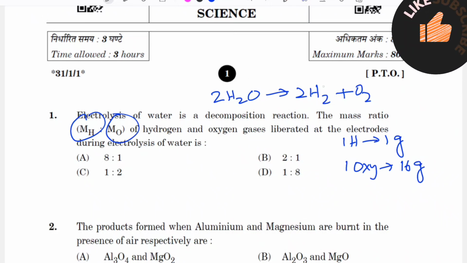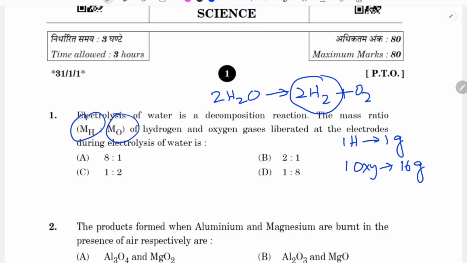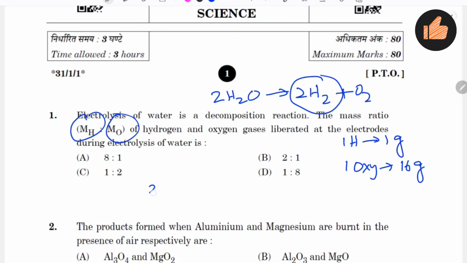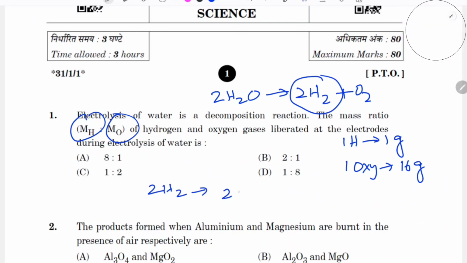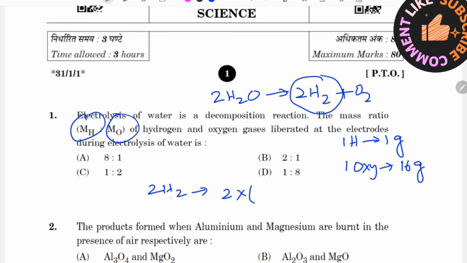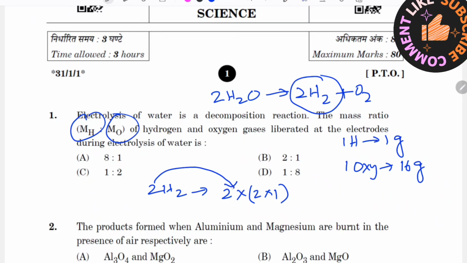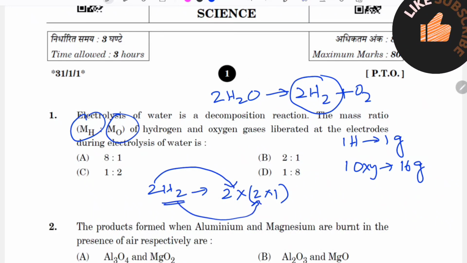So in this case here, 2H2 means 2 multiplied by 2 into 1, because H2 is there, 2 hydrogen atoms are there. So this 2 is for this one. For the H2, each one is 1 gram. So 2 into 1.